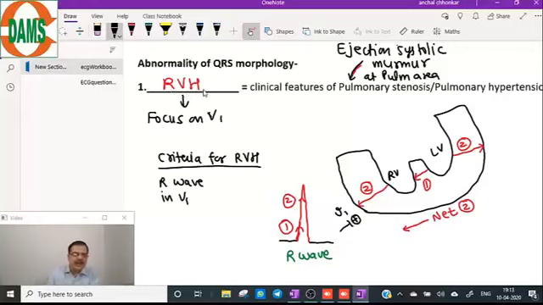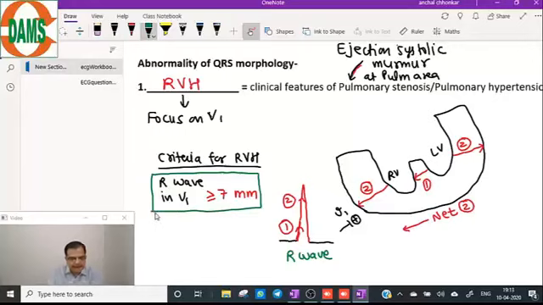Here it is a right ventricle hypertrophy, so we will focus on V1. The criteria for the R wave in V1 is that it is more than or equal to 7 mm in height. This becomes the voltage criteria for right ventricle hypertrophy, RVH.